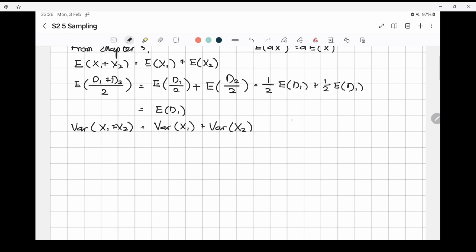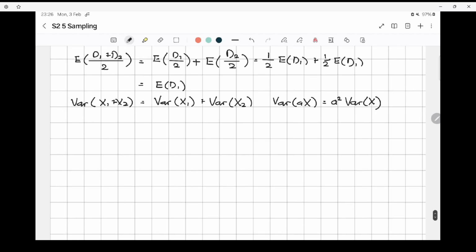But we also know that the variance of a times X is a squared times the variance of X. So let's see how we can show it here. You have the variance of (D1 plus D2) over 2.